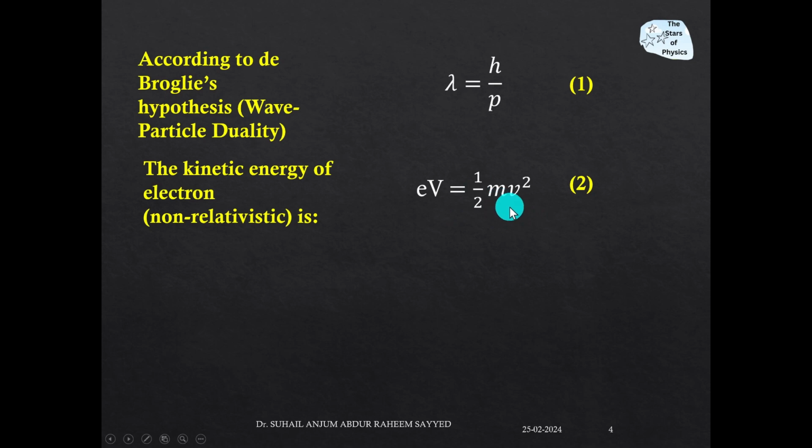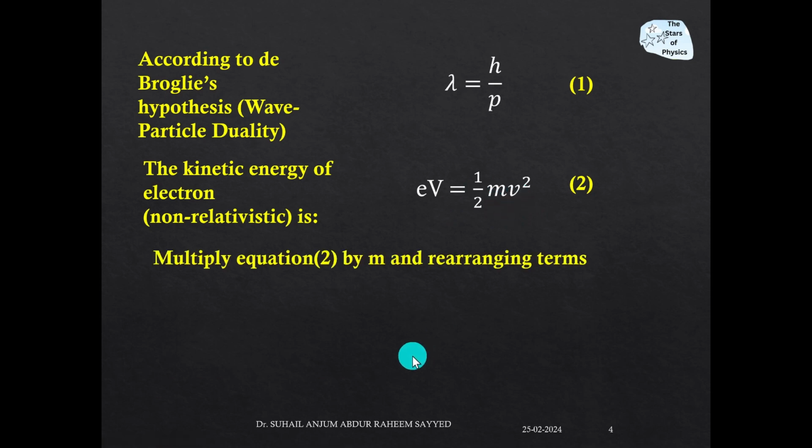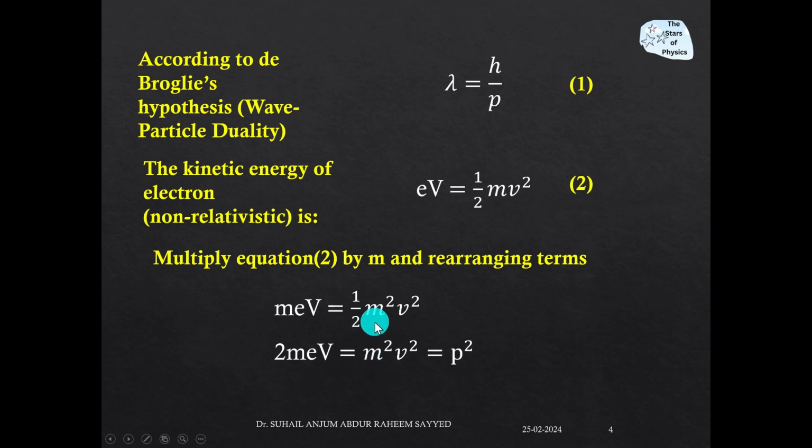Here m is the mass of the electron and v is the velocity of the electron. Now we multiply equation 2 on both sides by m. Then we get meV equal to half m square v square, or by rearranging, 2meV equal to m square v square. The product of mass and velocity is momentum, so m square v square is p square.